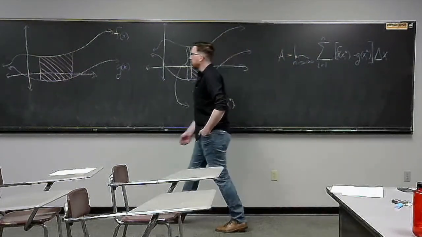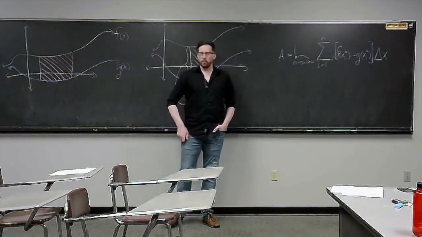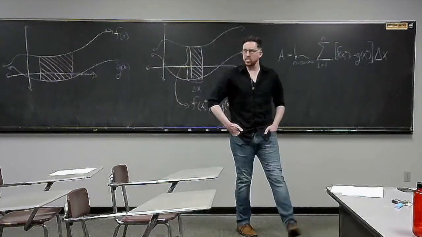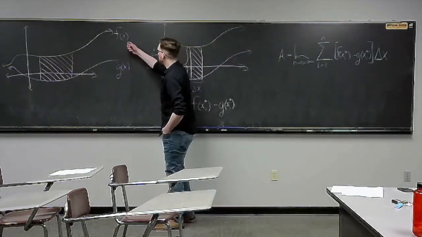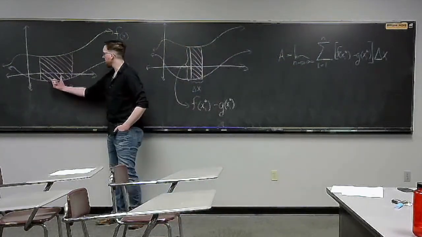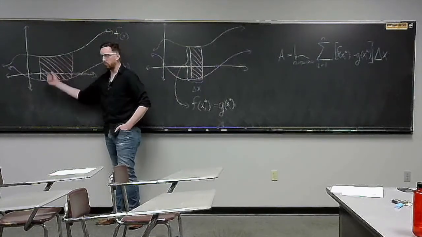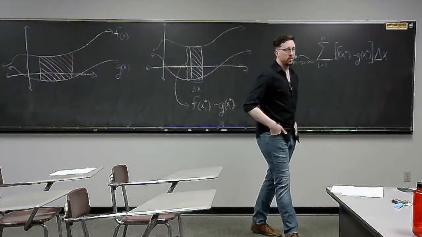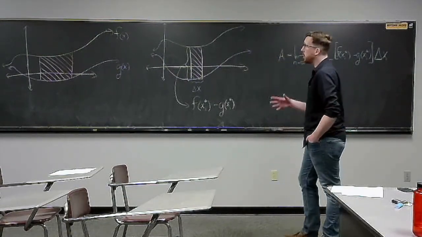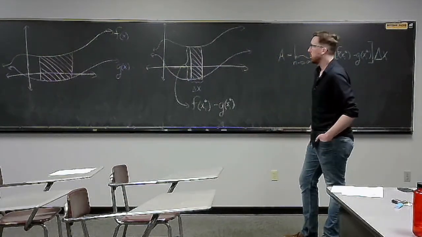So with that, we have this graph that's representing the area between these two functions, f of x and g of x, as this pink box. What it's trying to get us thinking about is how would we find that area?